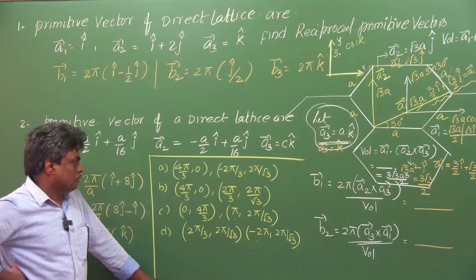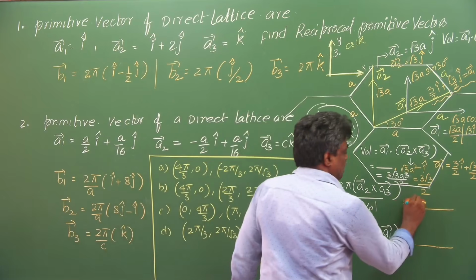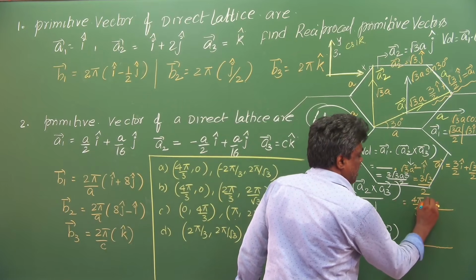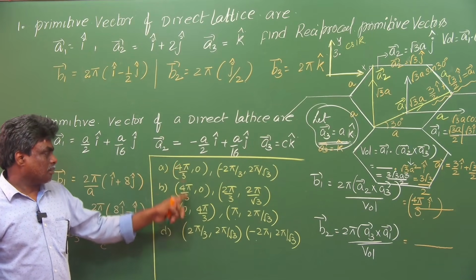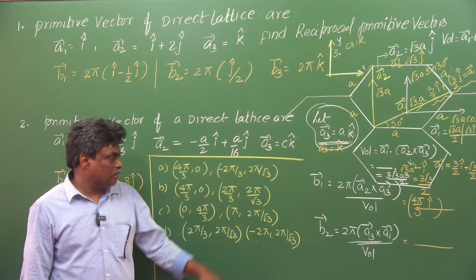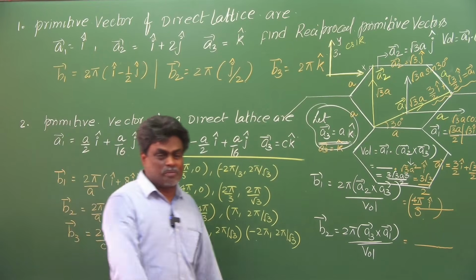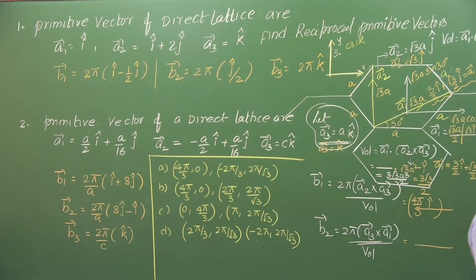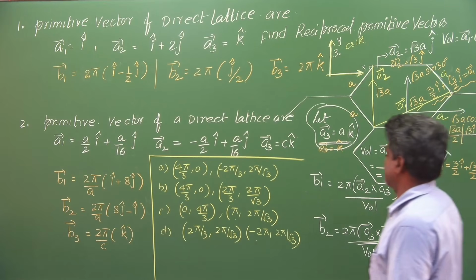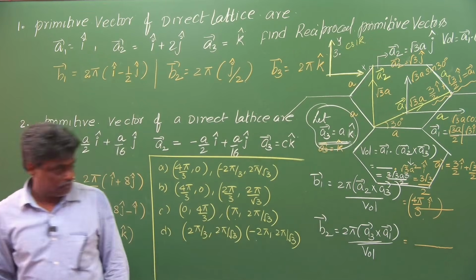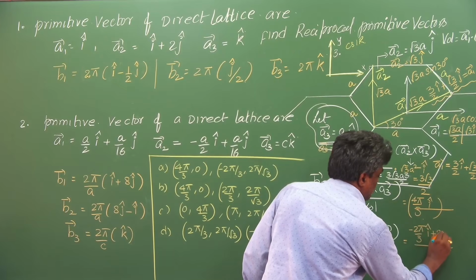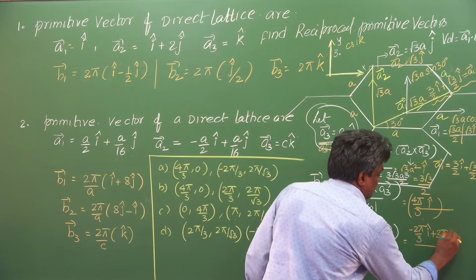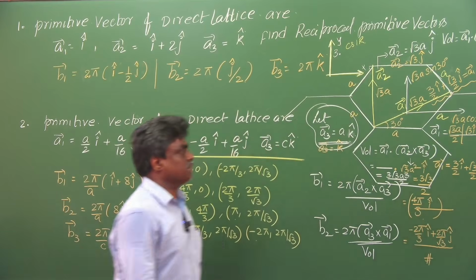You got B1 correct: 4π by 3 i cap. That's why it is 4π by 3, comma 0. But both options A and B are there, then go for B2. B2 you have to get either 2π by 3 or minus 2π by 3. The answer is the first option. You will get minus 2π by 3 i cap plus 2π by √3 j cap. Do it seriously, otherwise how will you get 5 marks?